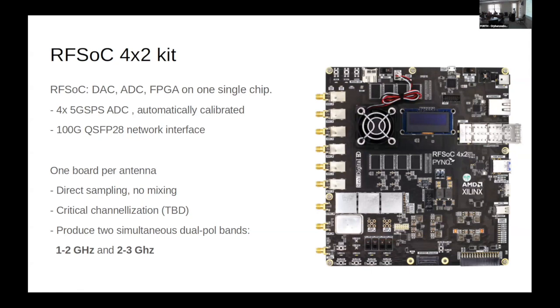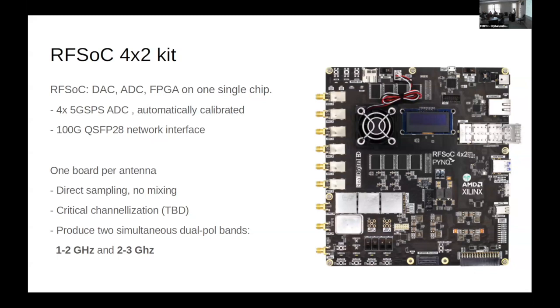Right, and I think there's a question. Yeah, so regarding the first question on synchronization, the boards have inputs for external clock and PPS. So as Jan said earlier, there will be a central clock, and we will distribute the clock signal to all the array. And each RF SoC will be in sync with all the others through this single clock.